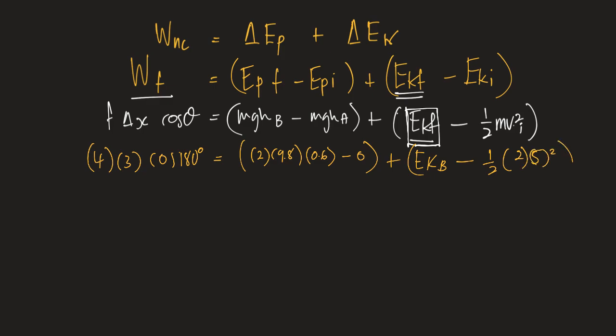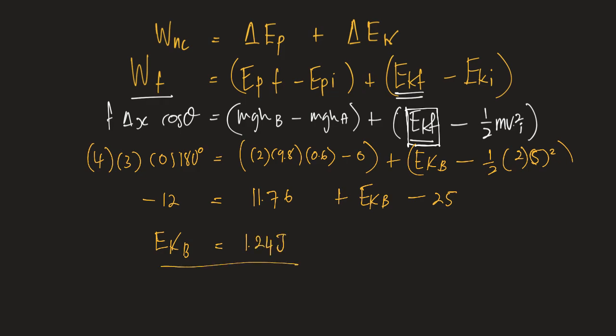Okay. On this side, I'm left with negative 12 is equal to 11.76 plus EK at point B minus 25. Sort all of my left-hand side and right-hand side out, and kinetic energy at point B is therefore 1.24 joules.